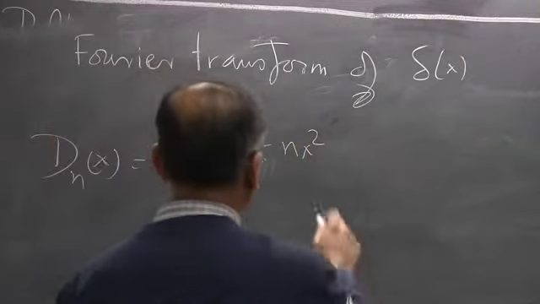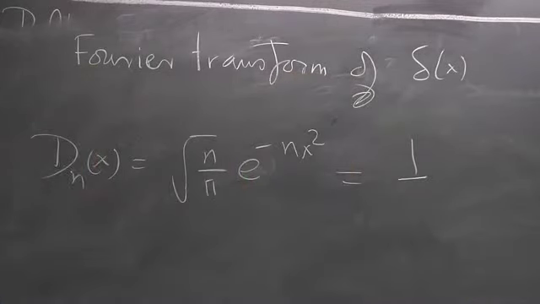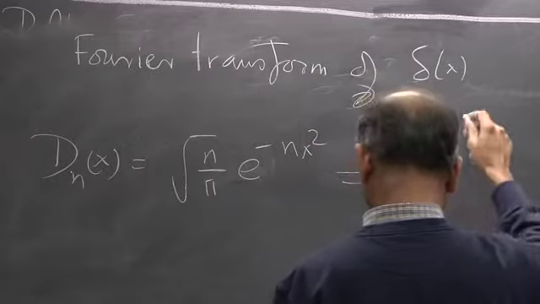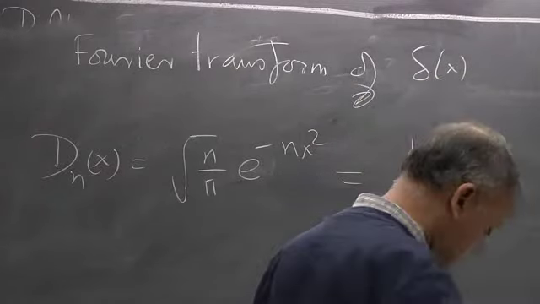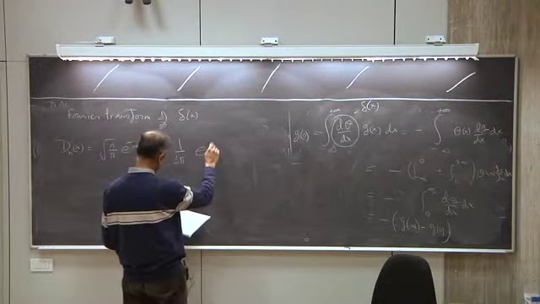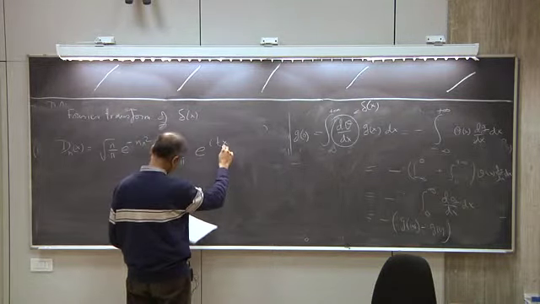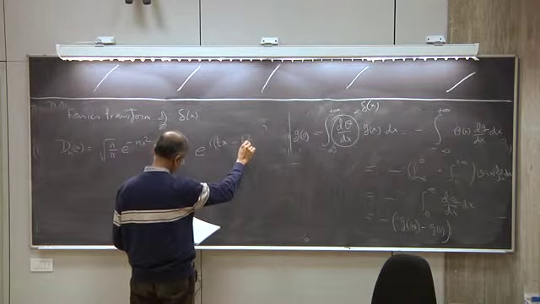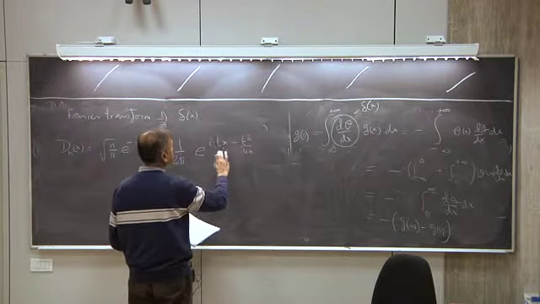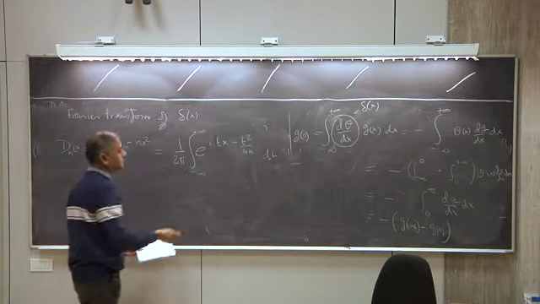This I can rewrite. This is, I think, from one of the examples in chapter 2, the complex analysis chapter. It was simply 1 over 2 pi times the integral of e to the power of i t x minus t square divided by 4n, dt.